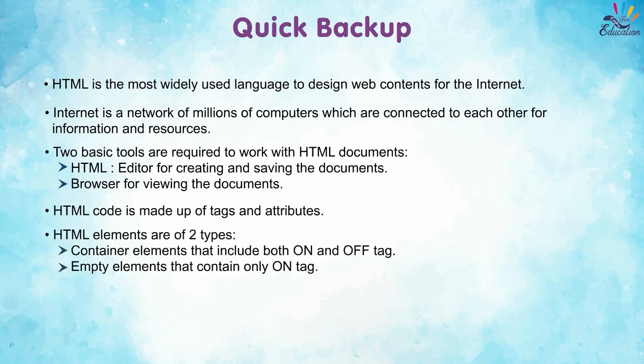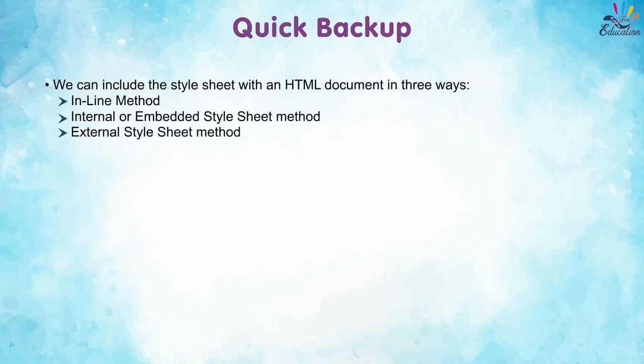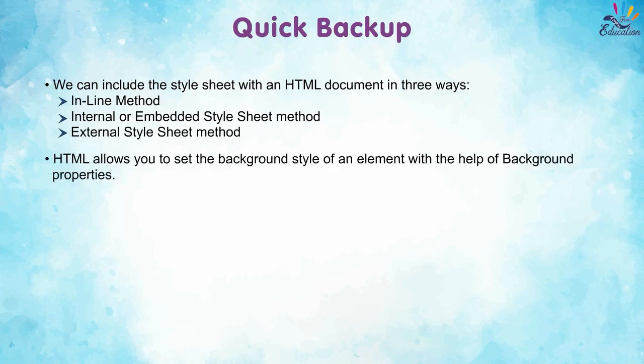HTML elements are of two types: container elements that include both on and off tags, and empty elements that contain only an on tag. Cascading style sheets, CSS, are used to format the layout of web pages and their visual formatting. We can include the style sheet with an HTML document in three ways: inline method, internal or embedded style sheet method, and external style sheet method. CSS allows you to set the background style of an element with the help of background properties.